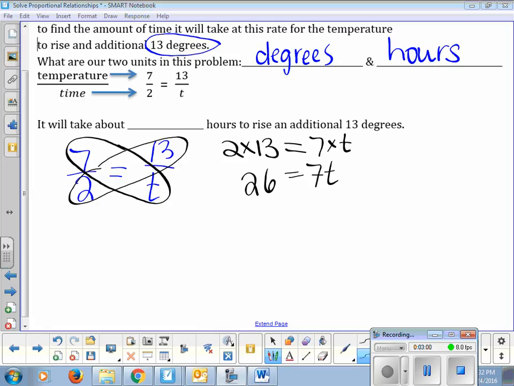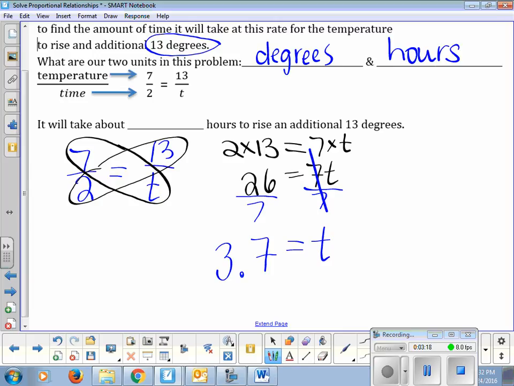We have to do the opposite. If we're multiplying 7 times t, to undo it, we want to divide, and we're going to divide both sides by 7. This cancels, and we get that t equals 26 divided by 7, which is 3.7. So it will take about 3.7 hours to rise an additional 13 degrees.